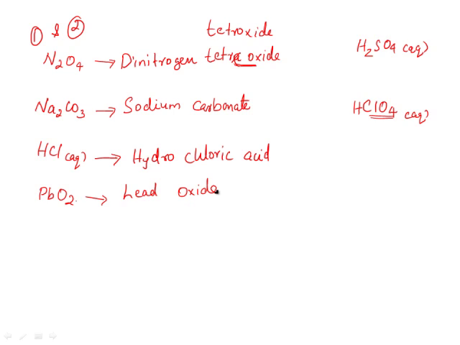Main group metals, group 1 always will have 1 plus, group 2 always have 2 plus, group 3 boron, aluminum always have 3 plus. So if they are your metal ions, you don't have to write the charge in parentheses because they cannot have any other charge. But transition metals can have varying charge, so you have to write the charge in Roman numerals in parentheses. So what is the charge of lead here?